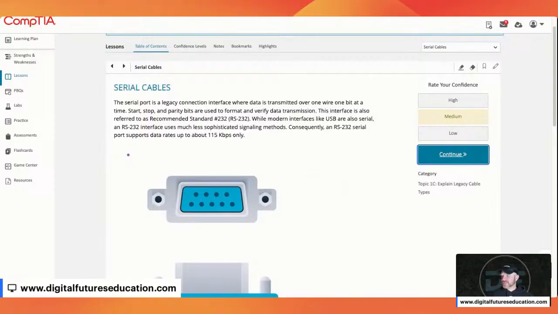While modern interfaces like USB are also serial, an RS-232 interface uses much less sophisticated signaling methods. Consequently, an RS-232 serial port supports data rates up to 115 kilobytes per second only.